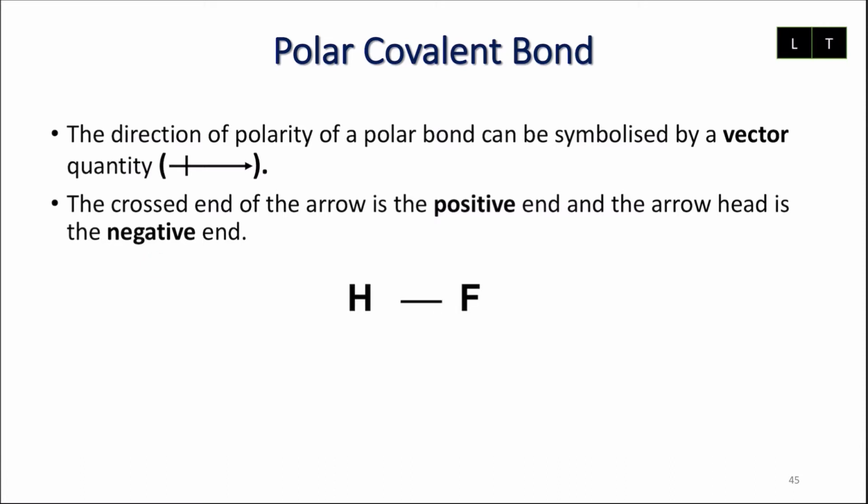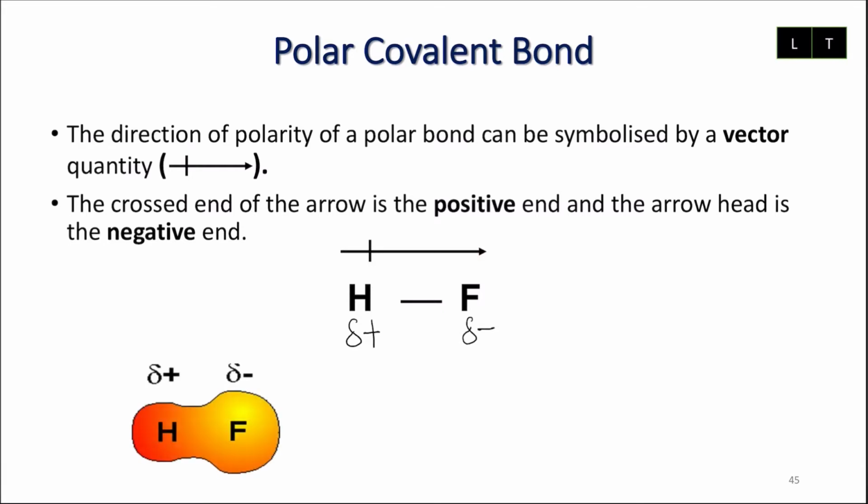So HF, we can see that two different atoms. So fluorine is more electronegative, kita akan label dia sebagai partial negative. Hydrogen is more electropositive, partial positive. So bila saya nak indicate vector quantity based on this polarity, I will use symbol polarity of polar bond, di mana cross ni untuk partial positive dan arrowhead adalah untuk partial negative.